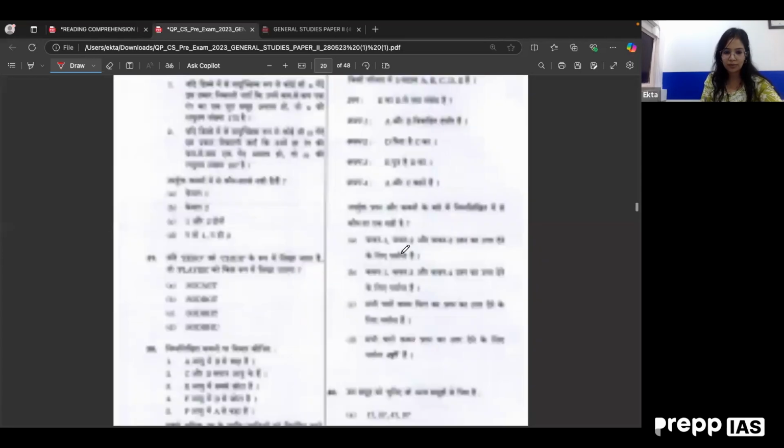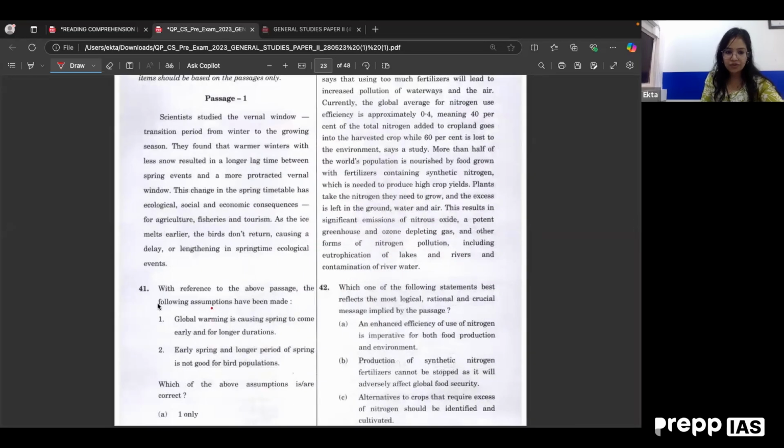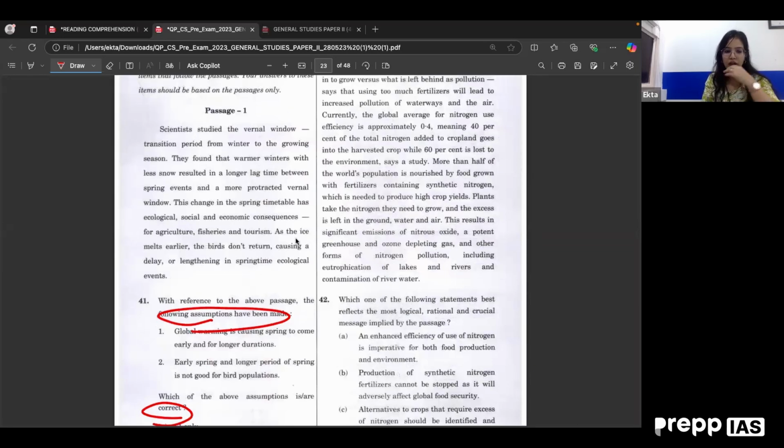Question number 41. Here, with reference to the following, assumptions have been made, correct, right? Please read the passage. It should take 1 minute max.